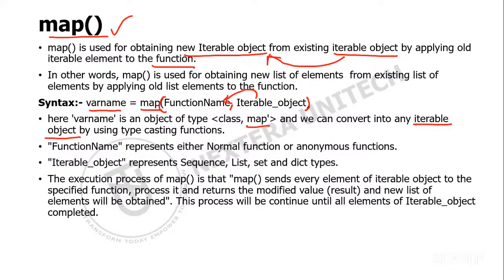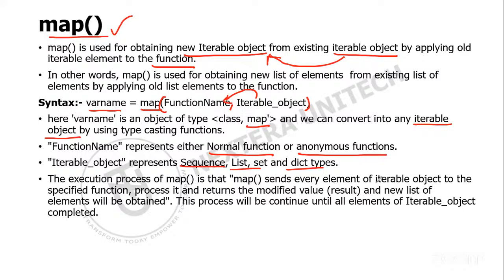And the function can be a normal function or anonymous function. Iterable objects are objects which contain multiple values, multiple elements: sequence, list, set or dict. Any of these types.